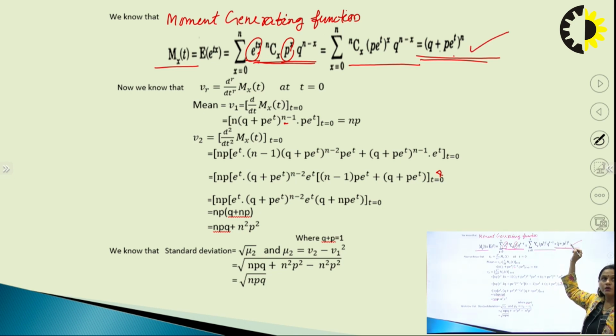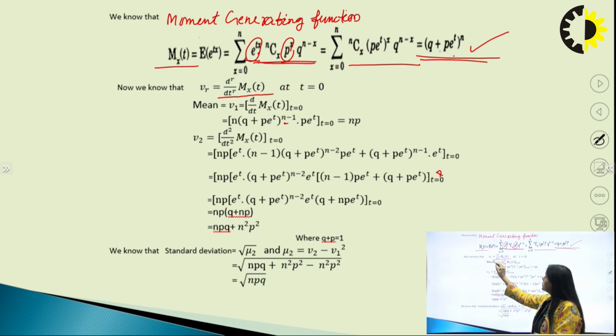We also know that differentiation of the moment generating function r times gives us nu r. What is nu r here? Nu r is the moment about origin.